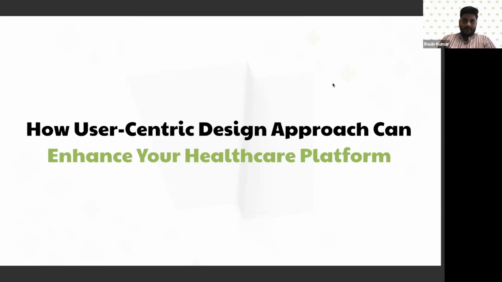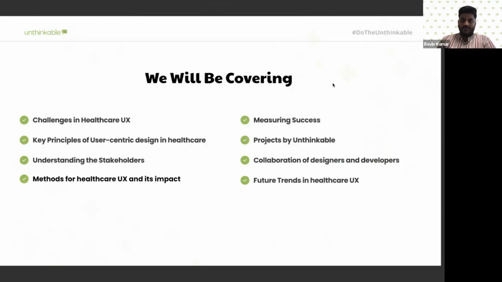And today's agenda looks like we will be talking about a few challenges in healthcare, then a few key principles about user-centric design, not just in healthcare but in other domains also. These are the basic principles we should have in mind while creating any digital platform.